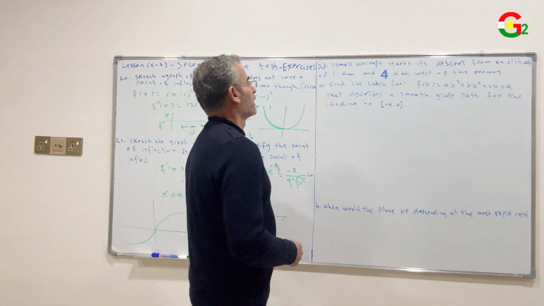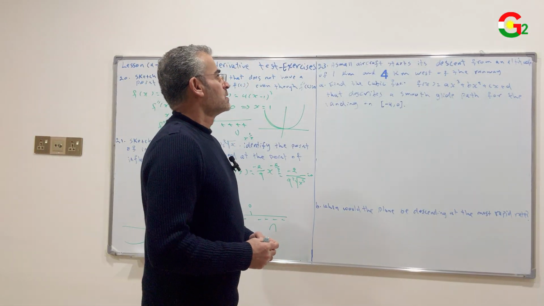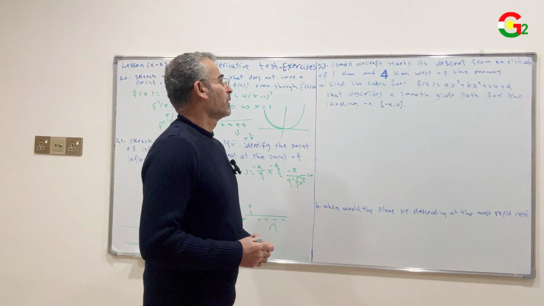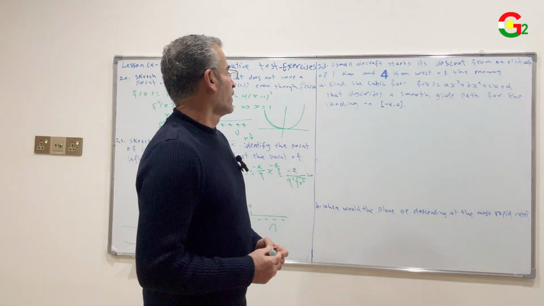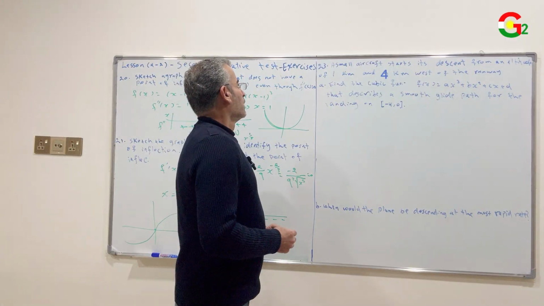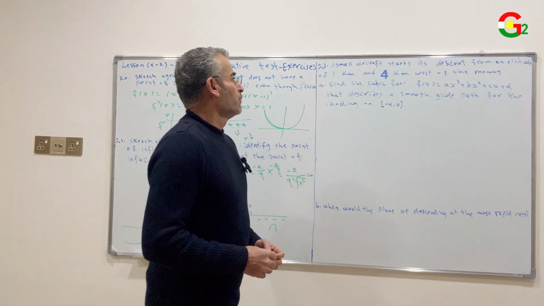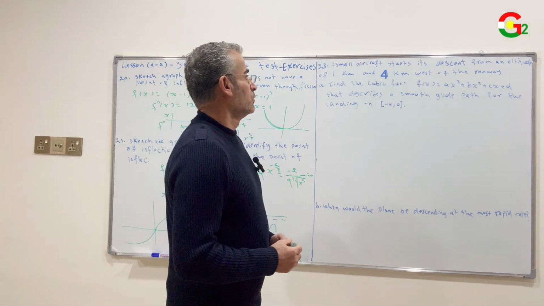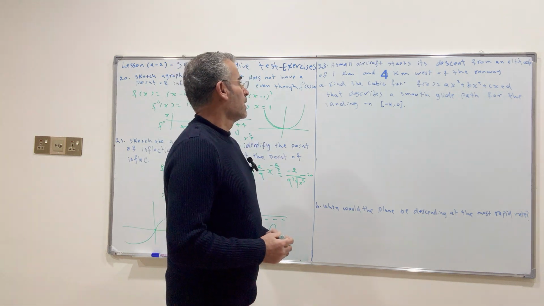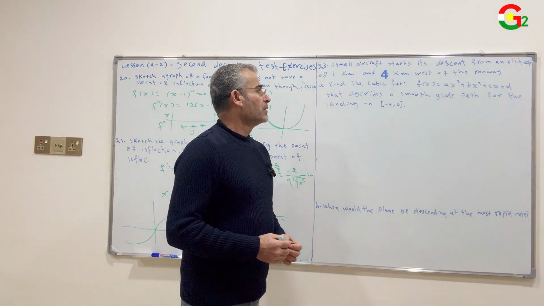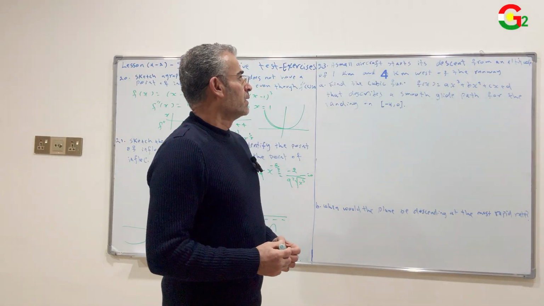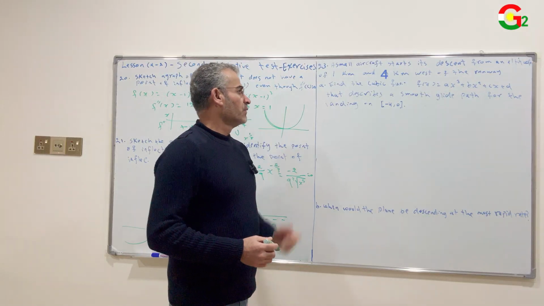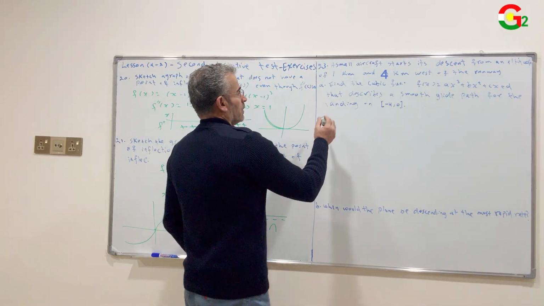Question 23, a small aircraft starts its descent from an altitude of 1 kilometer west of the runway. Find the cubic function f of x equals ax to the power 3 plus bx to the power 2 plus cx plus d that describes a smooth glide path for the landing on the interval negative 4, 0.